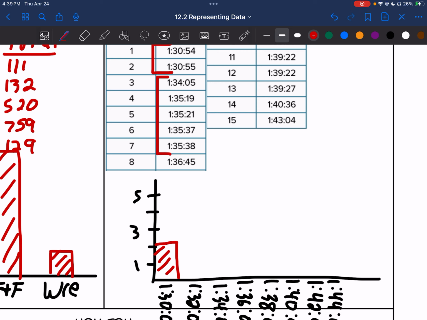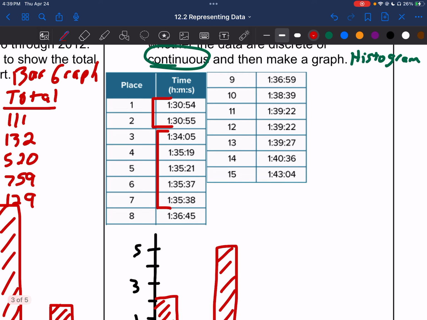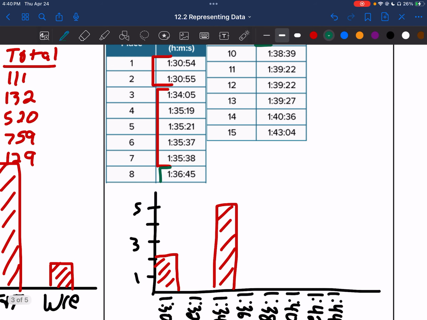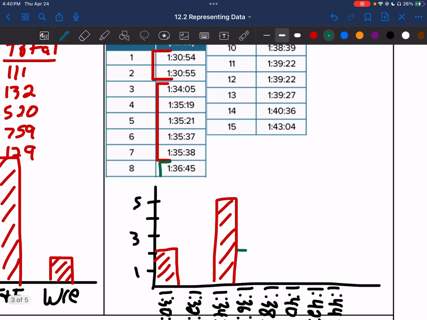So how many values? We have 1, 2, 3, 4, 5 values for this one. Okay. So there's that bar. Now, starting at 136 up to 138, how many do we have? We have 1, 2 more to put in. So we make another bar.